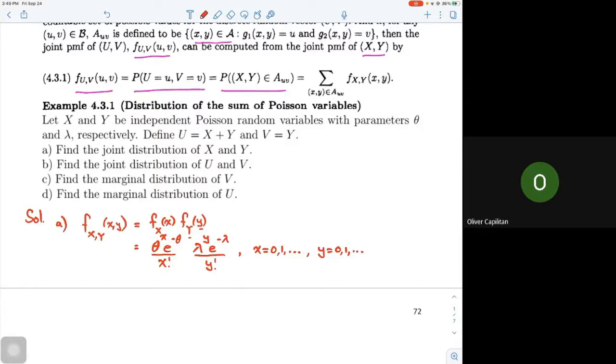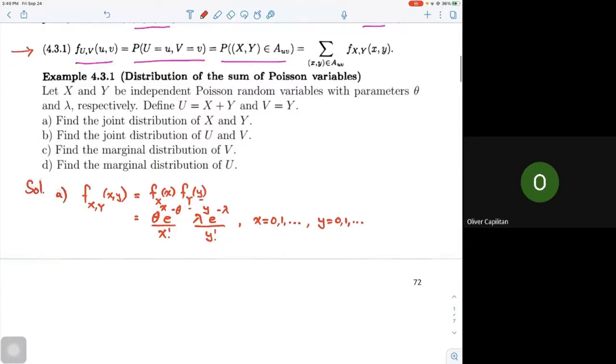For letter B, find the joint distribution of U and V. Take note, we can find the joint distribution of U and V from the joint distribution of X and Y using the formula in equation 4.3.1. But before that, we're going to establish our sets.